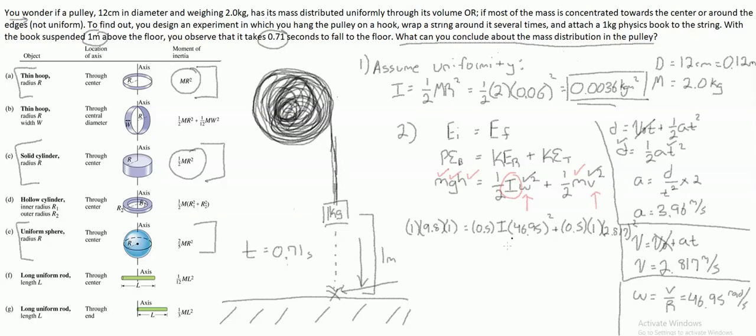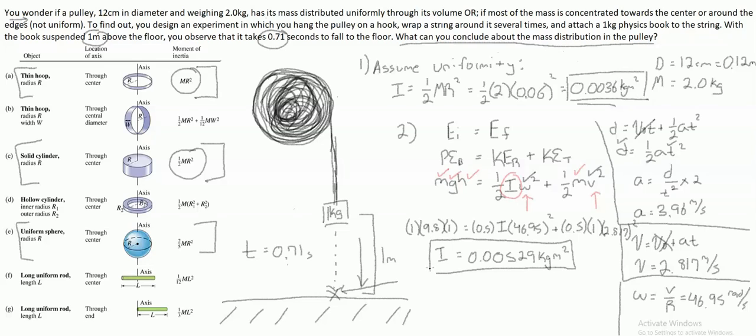And I'm going to do all this work and solve for I. Check it for yourself, but it turns out that I is going to be 0.00529 kilogram meters squared.